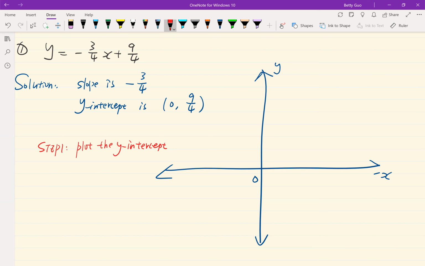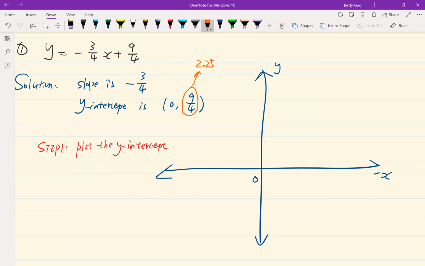Okay, can you help me convert 9 over 4 to its equivalent decimal? 2.25, very good. Okay, that could help us to plot the y-intercept.